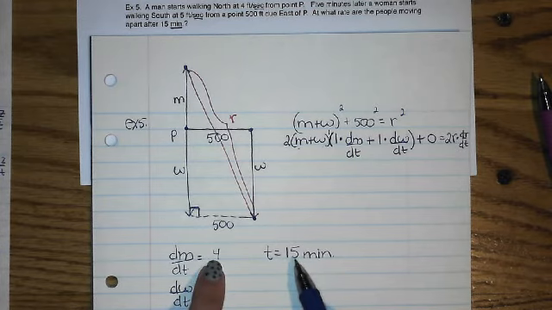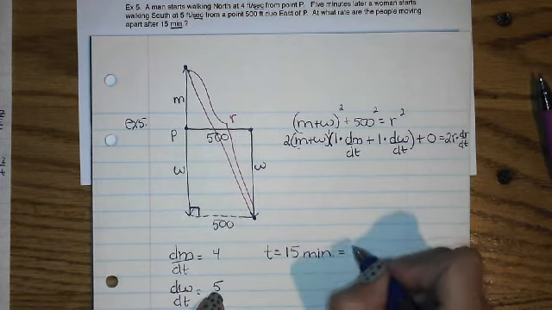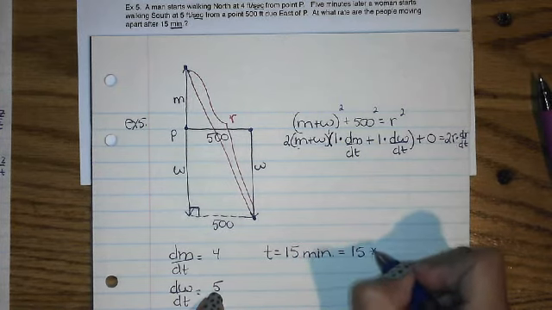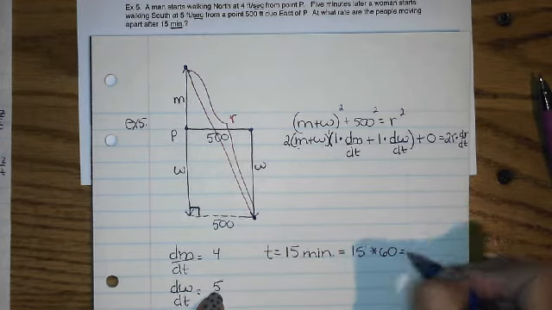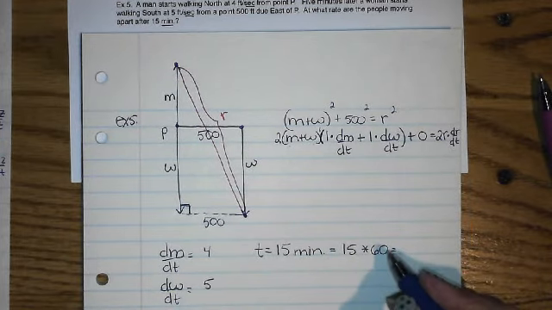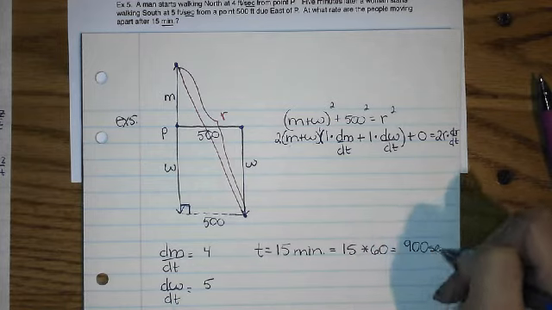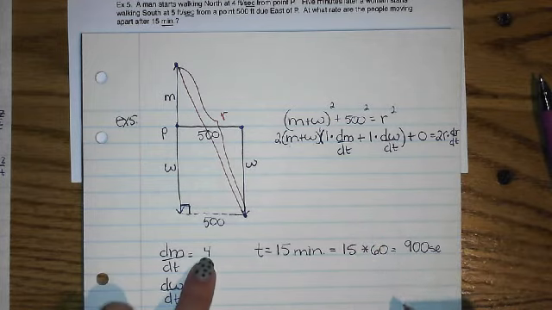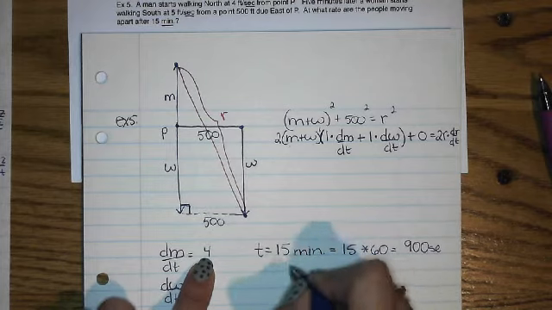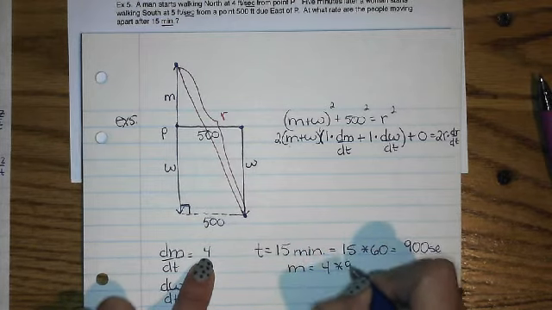I need to be able to find out m, w, and r at 15 minutes. So, again, what I pointed out earlier is that these people are moving 4 feet every second and 5 feet every second. So I need to know this time in seconds. Each minute is 60 seconds. That gives me 900 seconds here.